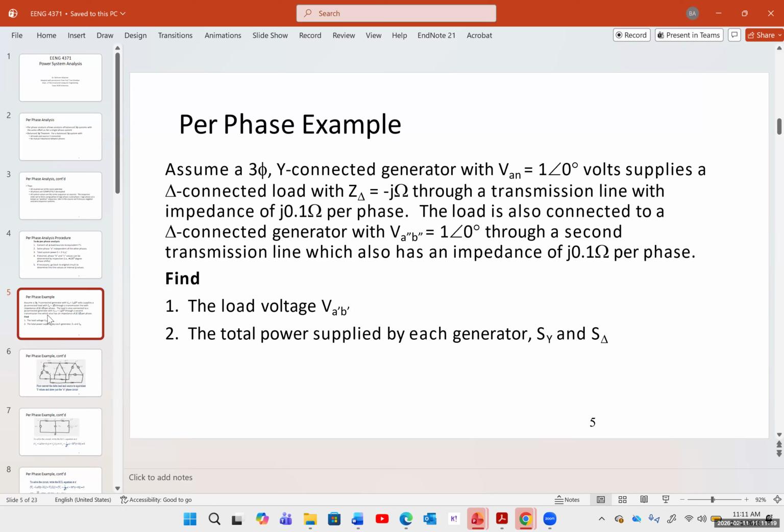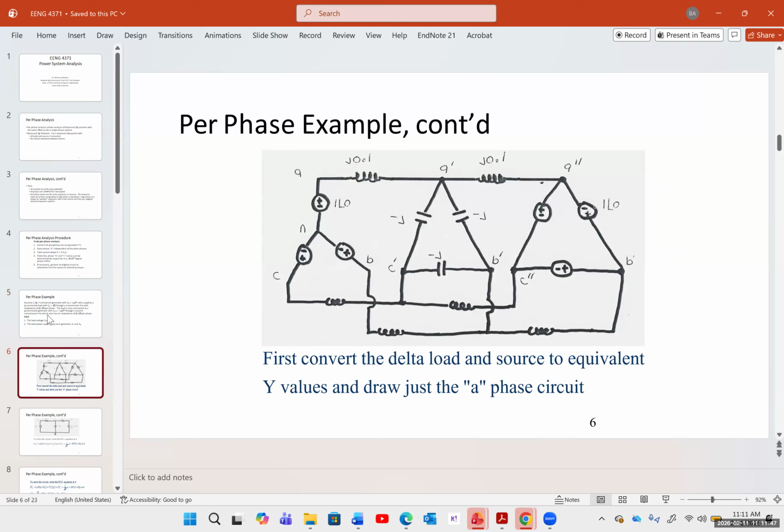The load is also connected to a delta-connected generator with VAB of 1 at 0 degrees through a second transmission line, which also has an independent impedance of j0.1 ohms per phase. We want to find the load voltage VA'B', and the total power supplied by each generator, S_Y and S_delta.